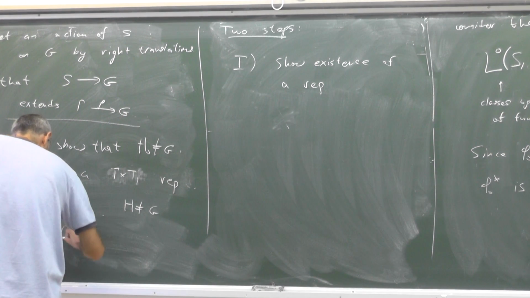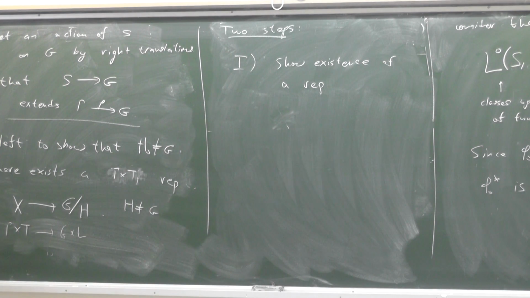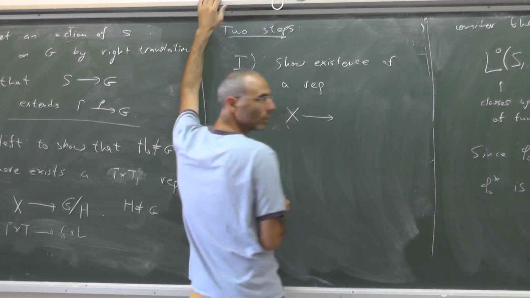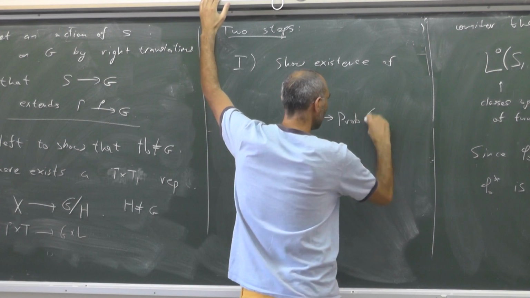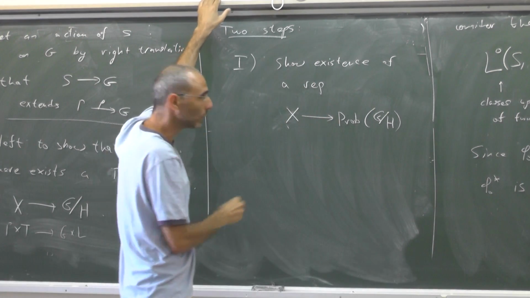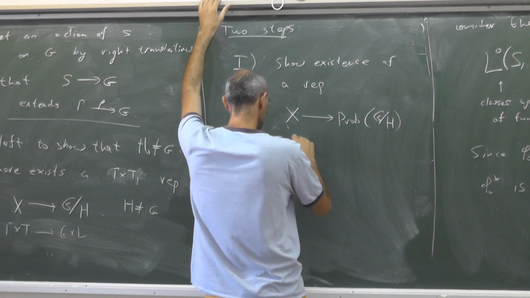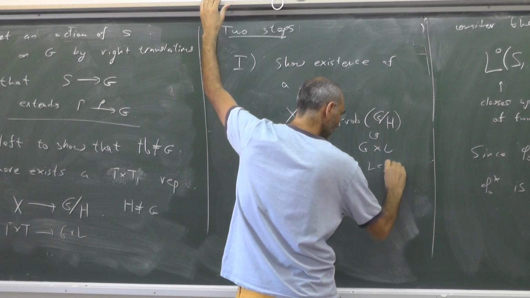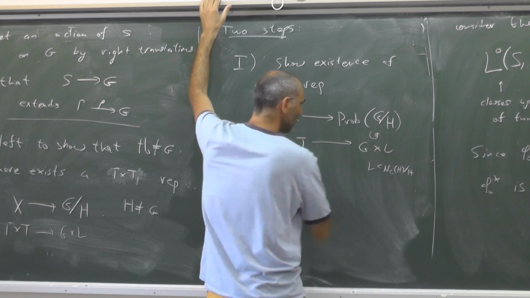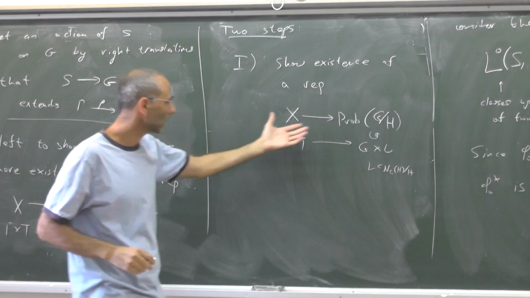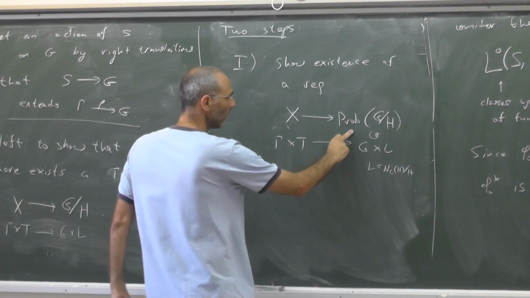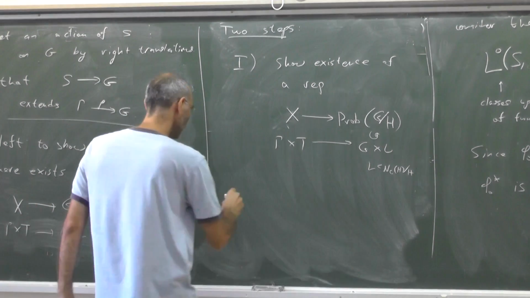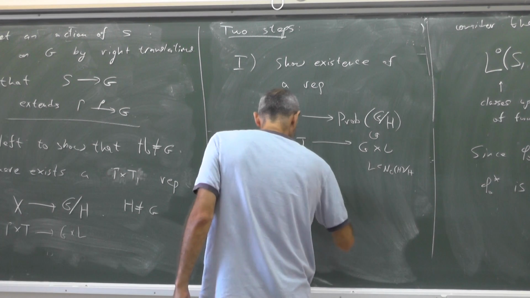I have only this one, and this is G times L, etc. And so X2 is not a constant space, but probability measures on G mod H. And here you have gamma times T, and here you have G again, G times L. And this should directly split to this natural action. So same thing, but instead of taking this algebraic variety, we take this space of probability measures, and then show that.